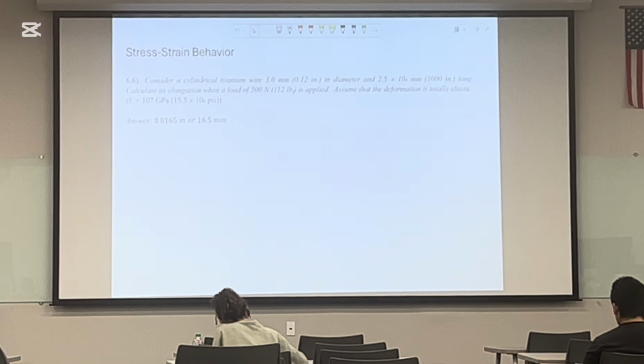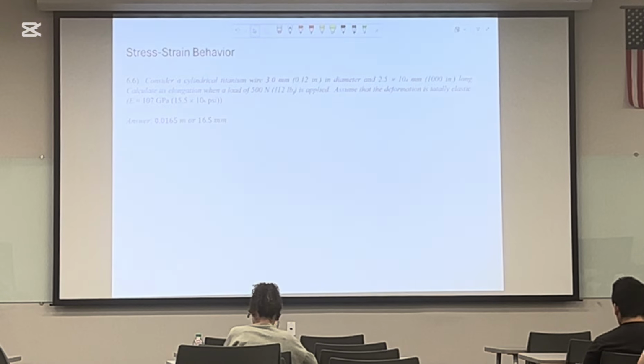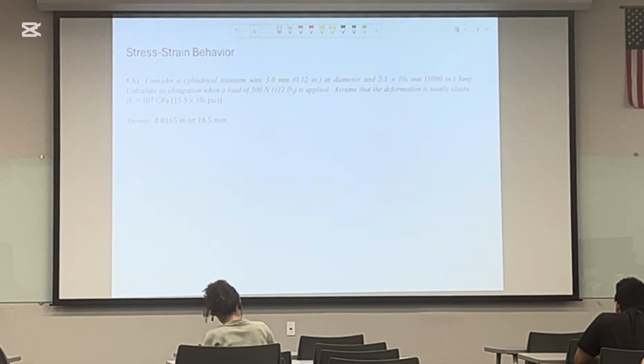Okay, so let's quickly just go over it. So it's similar to the previous question, it just has one more extra, right? So we are asked to find the elongation of this wire.